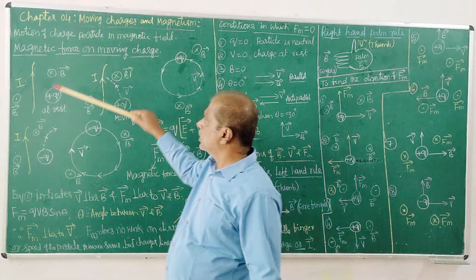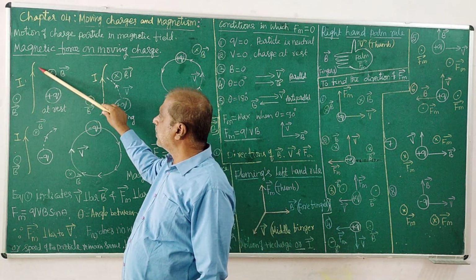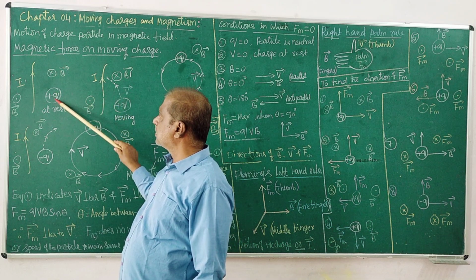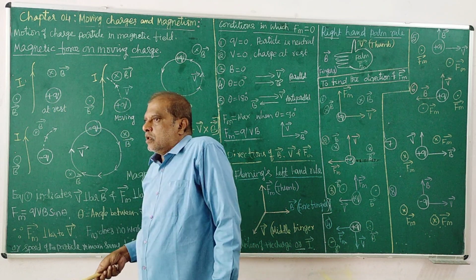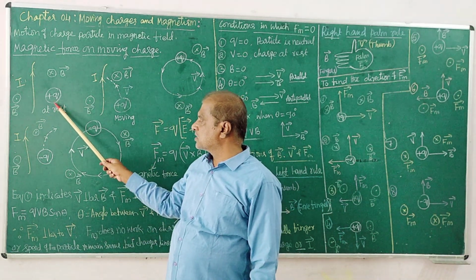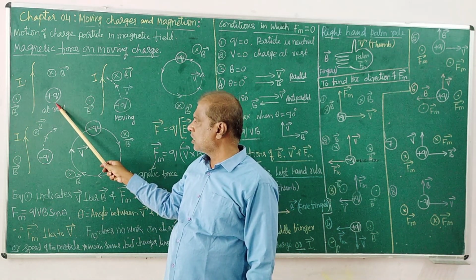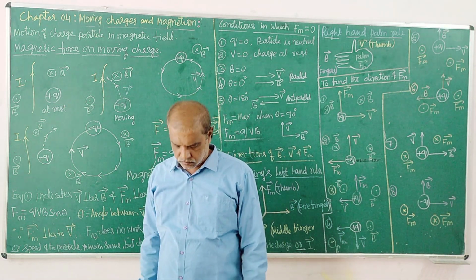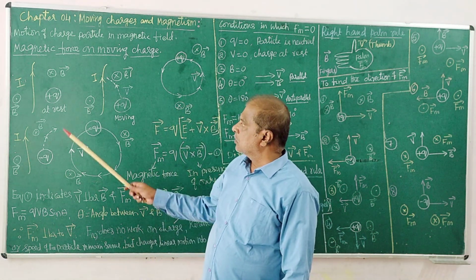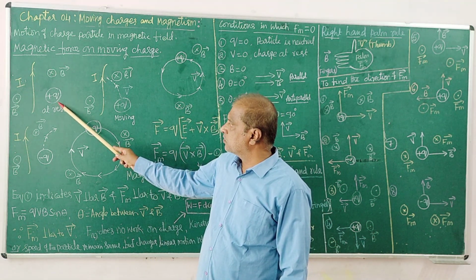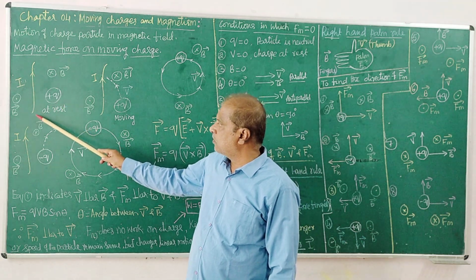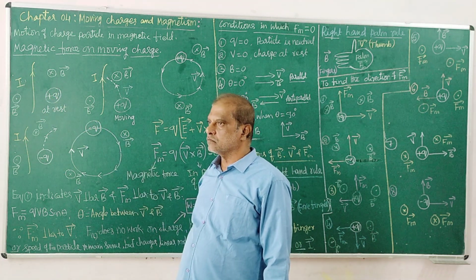Here the conductor carrying electric current, the point charge is kept nearby. Here the point charge is at rest. If the charge is at rest, there will be no effect on the charge by the flow of current in the conductor.